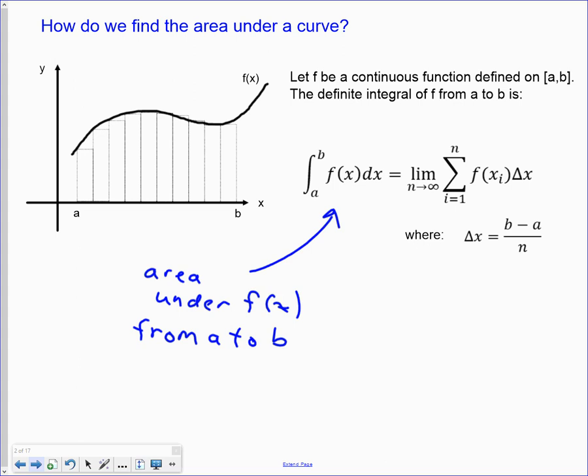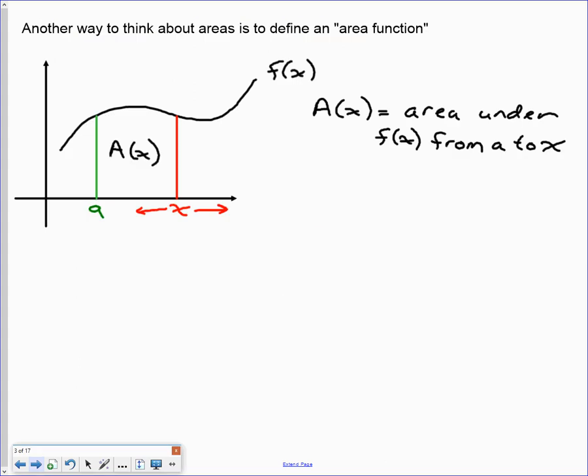So we're going to back up a little bit, and we're going to take a slightly different look at how we can approach this area problem. So we've got our function f at x. We want to find the area underneath it, and we're going to define this thing that we're going to call an area function. A is a function of x.